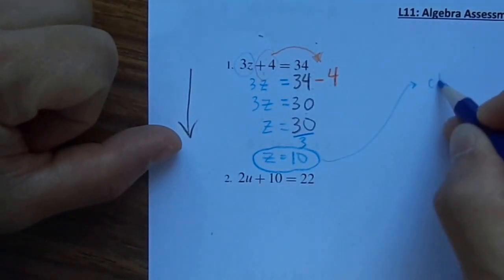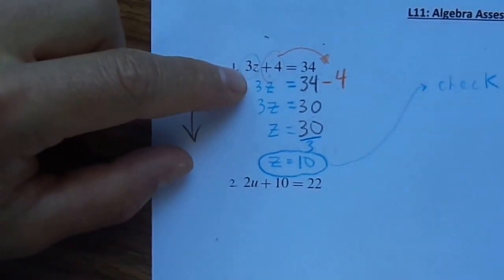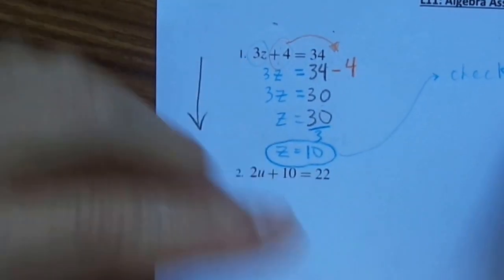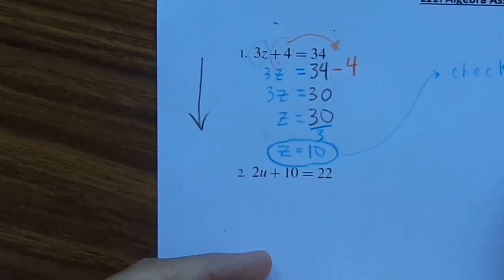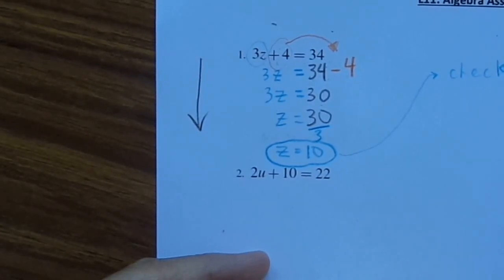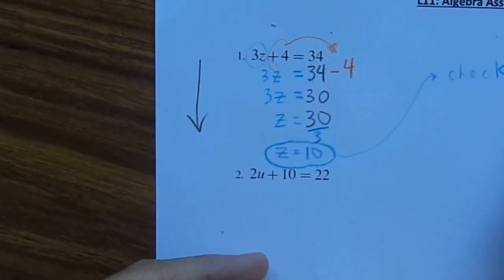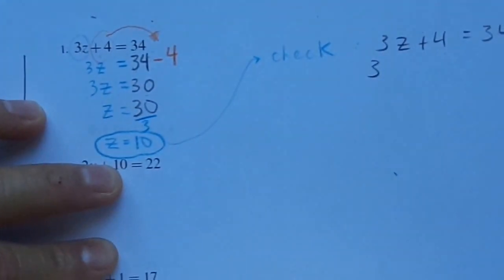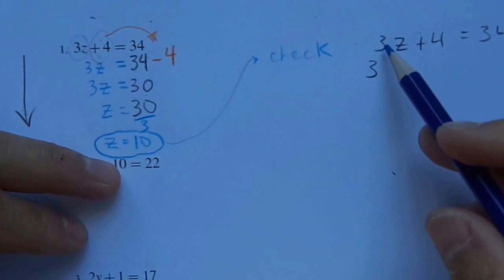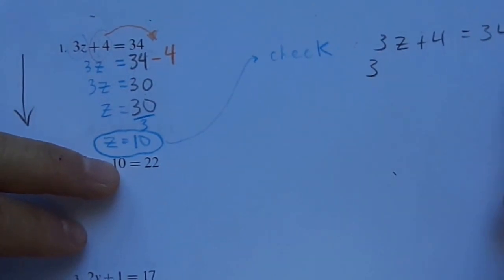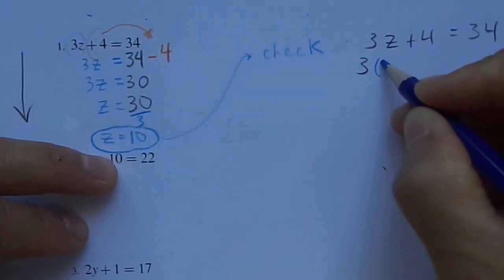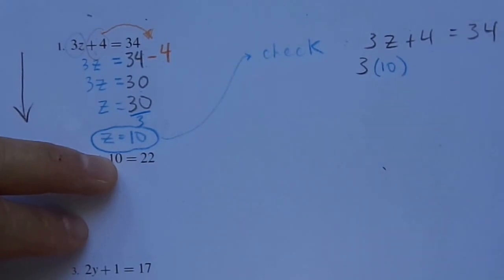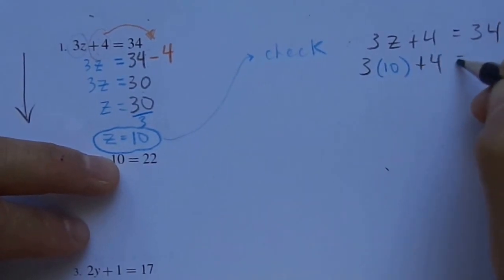So how do we check? Well, the original equation was 3z plus 4 equals 34. If I replace z with 10, which is what we found, our answer should still hold true.